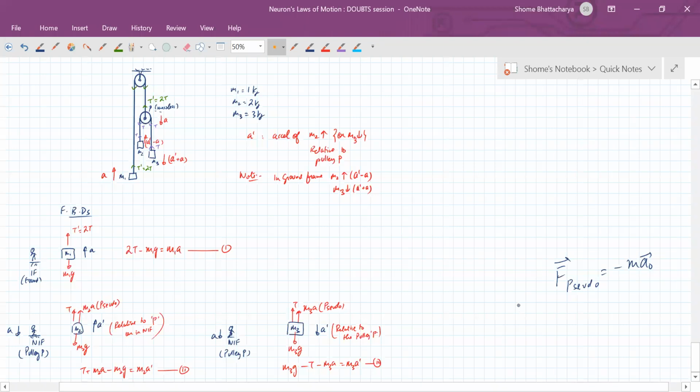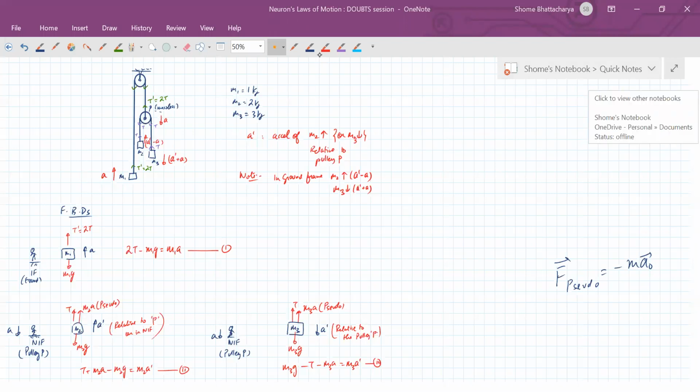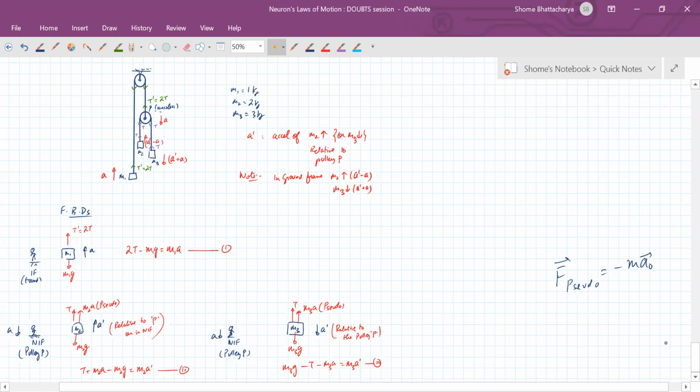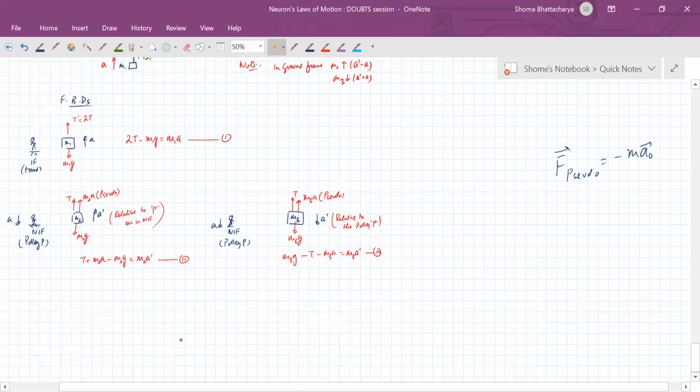Okay, so next up let us put the values in these equations and solve them. So see, our equation 1 will become like this: 2T minus g is equal to A, because m1 is equal to 1 kg. Then our equation 2 will become T plus 2a minus 2g is equal to 2a prime.